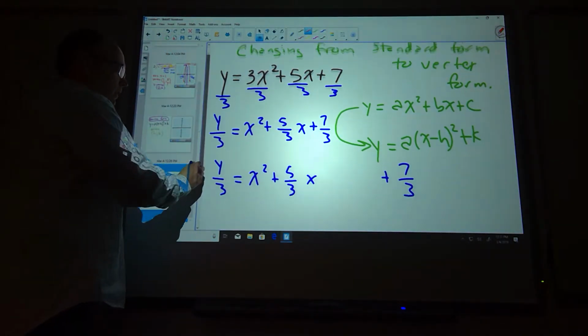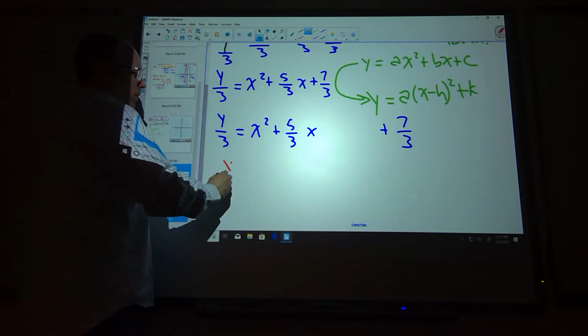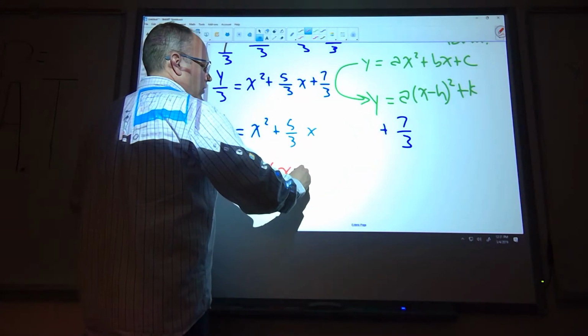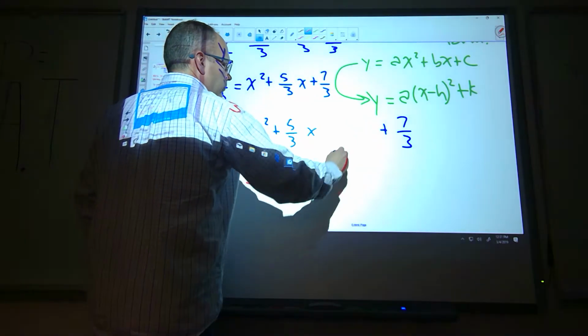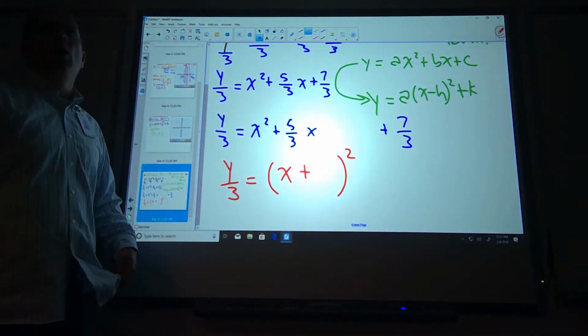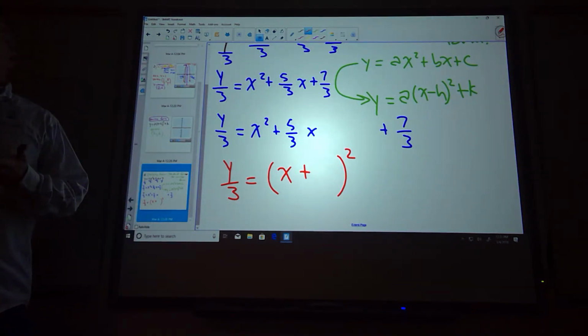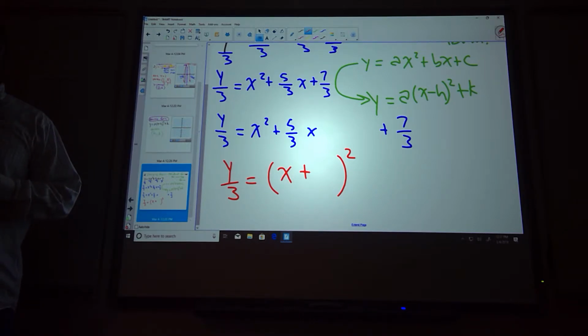Okay? So I'm going to bring this down a little bit. So it's going to work this way every time. So I'm going to change this to this. Okay? Watch how easy it is. Now let me back up a little bit. If I take half of a fraction, can I just double the denominator?